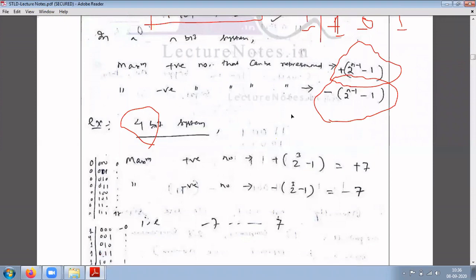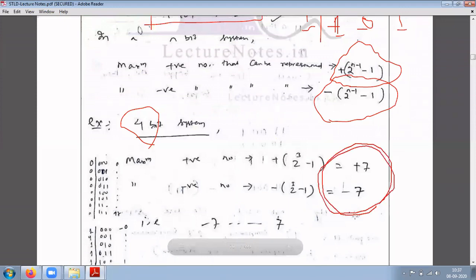If n equal to 4, n minus 1 is 3. So 2 to the power 3 is 8. 8 minus 1 is 7. So in a 4-bit system, using sign magnitude representation, you can write from -7 to +7.